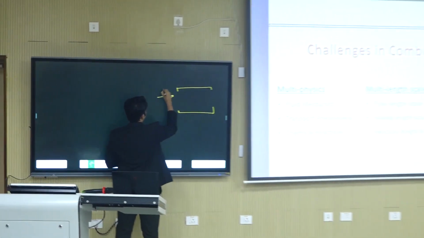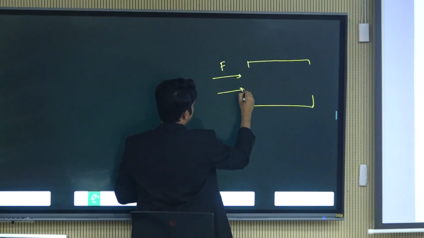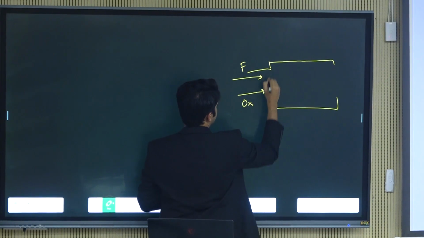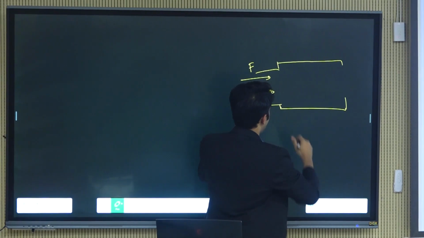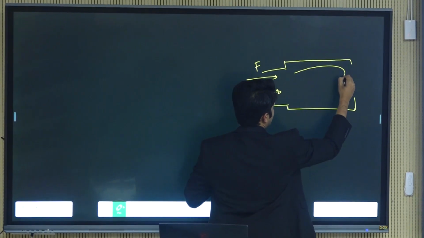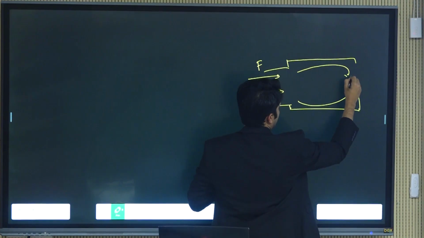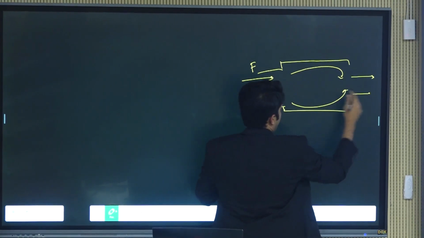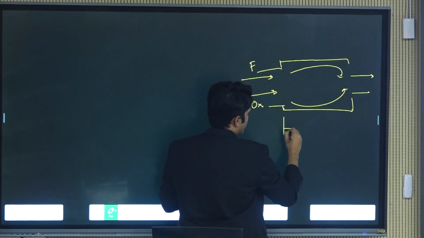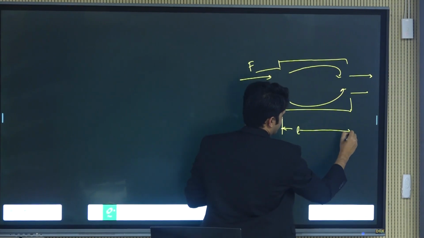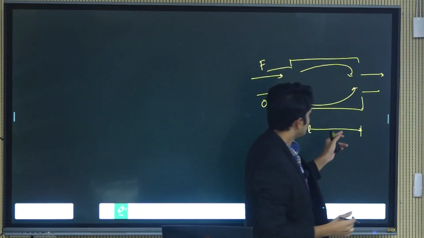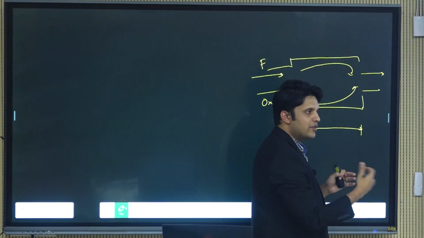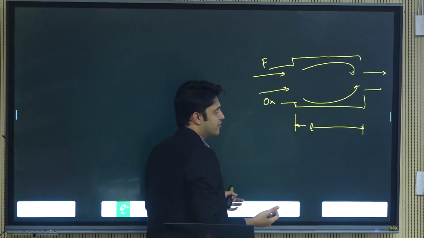You are supplying some fuel and oxidizer to this test area, and the flow is happening at a length scale similar to the size of your reactor. These are your flow length scales, observable, like millimeters, centimeters.